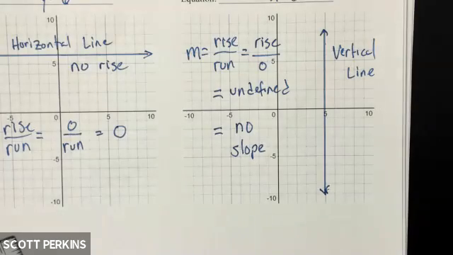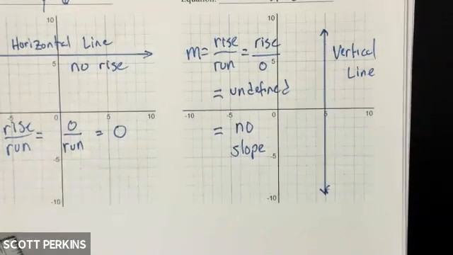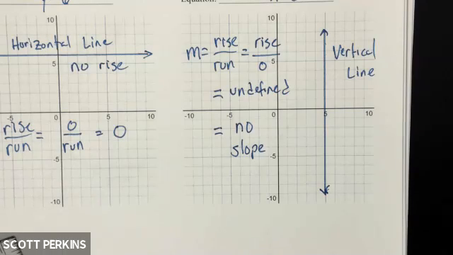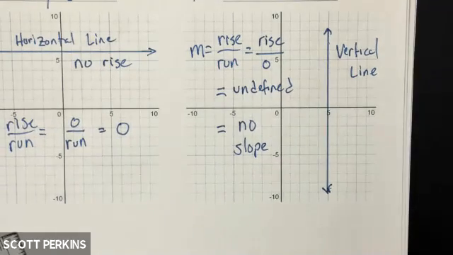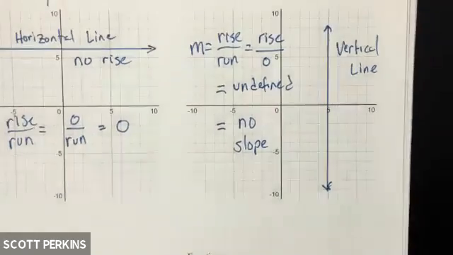No slope is different than a slope of 0. Okay? No slope means there is no slope. There's no value to it. A slope of 0, 0 is the value. Okay? So those mean different things. So that's something to remember about our horizontal and our vertical lines.